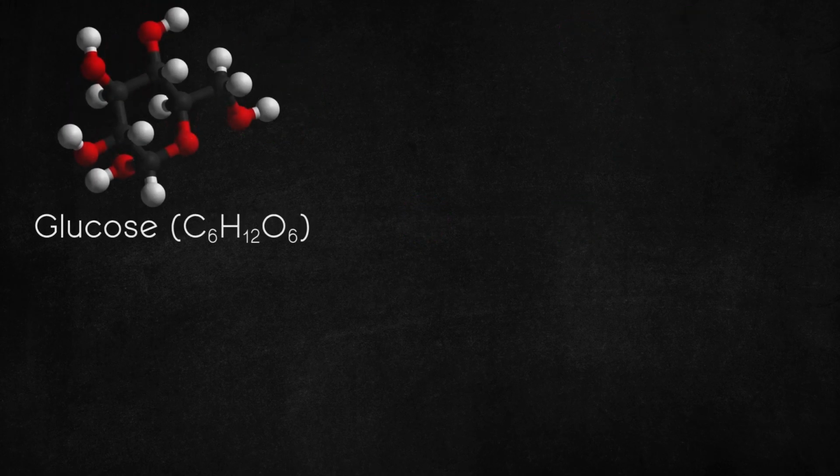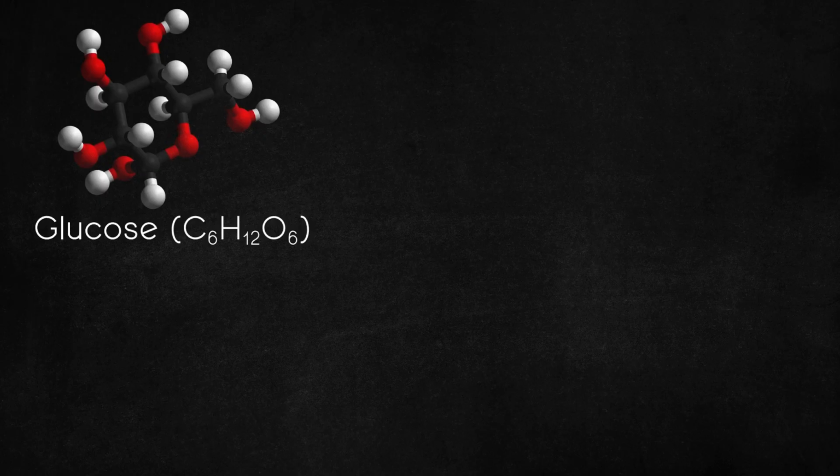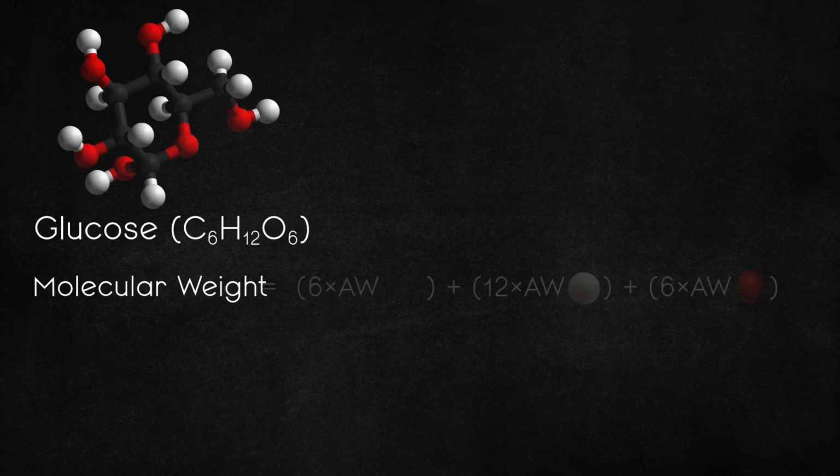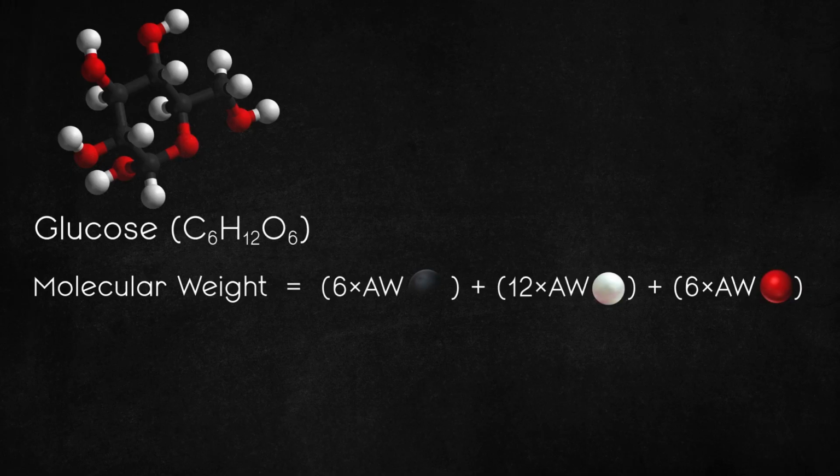How about the molecular weight of glucose? The chemical formula is C6H12O6, which means one molecule of glucose contains 6 carbon atoms, 12 hydrogen atoms, and 6 oxygen atoms. The molecular weight is the sum of all atomic masses, that is 6 times the atomic weight of carbon, plus 12 times the atomic weight of hydrogen, plus 6 times the atomic weight of oxygen.